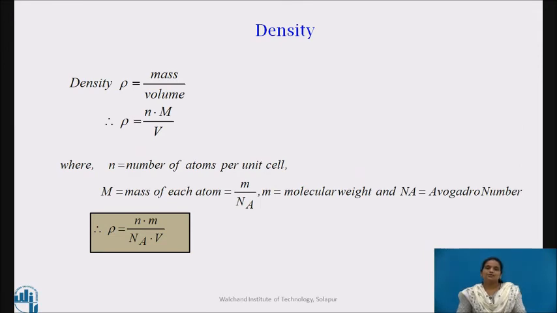Now let us see how to calculate density of crystals. So, as a unit cell possesses all the structural properties of a bulk crystal, the density of a unit cell must be the same as that of the bulk crystal. Thus, density is equal to mass divided by volume. We all know this formula, and mass is given by molecular weight divided by Avogadro's number, and here we have to consider the number of atoms also.